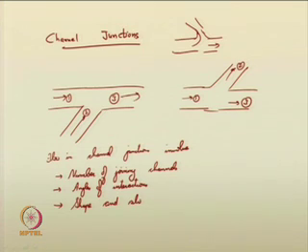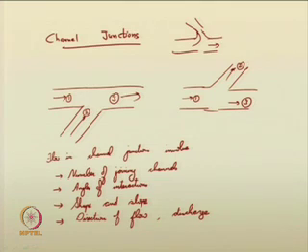Shape and slope of the channels, direction of flow, discharge, how much amount of discharge is there, these are also going to affect. Based on these quantities, one can infer flow in channel junctions.